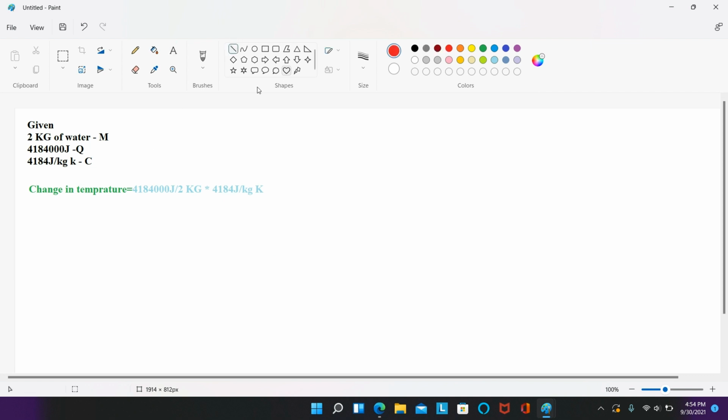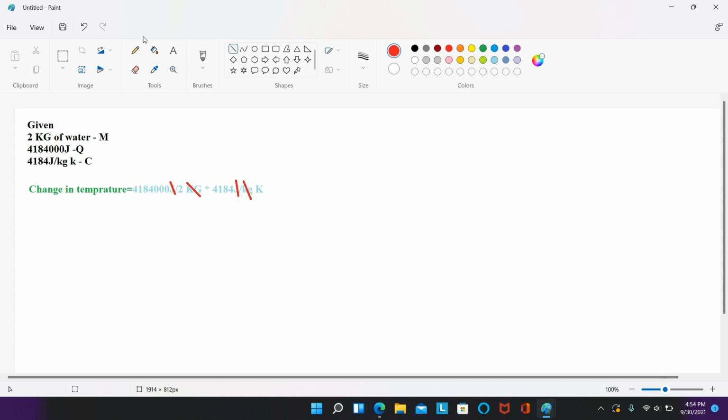We can cancel out the joules and the joules. You can also cancel out the kg with the kg, reason being that they're on the other sides of each other technically. If you imagine all the division, 4184 joules over kilograms Kelvin in fraction form makes the unit cancellation way easier. And then what you are left with is 4184.